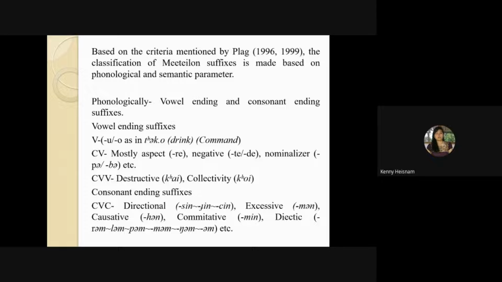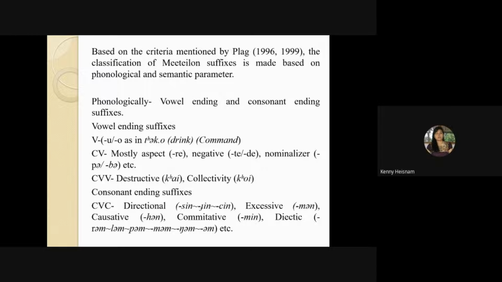Phonologically, it is divided into vowel ending and consonant ending suffixes. For vowel ending suffixes, three patterns have been observed: V, CV, and CVV. The V pattern is very limited, with very few suffixes. For example, in the word thug-o, thug is the verb root and o is the suffix which indicates a command or imperative marker.